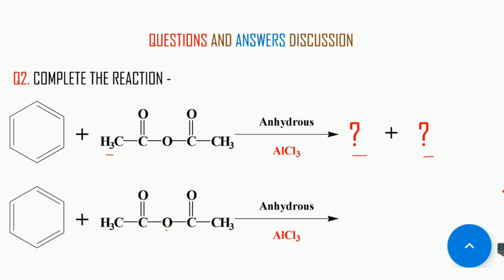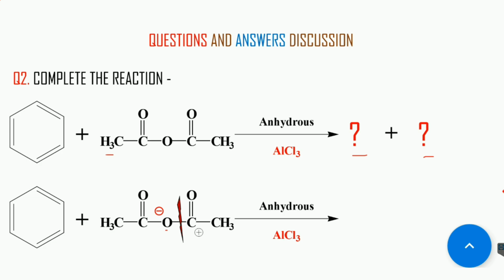So the first one is here. So we get one electrophile and another one is a nucleophile. Okay. Now comes the second possibility, that is here. So obviously again we get one electrophile and another one is a nucleophile, like this one, right? Now you can see that in both cases, either electrophile or nucleophile, both are the same, or equal.